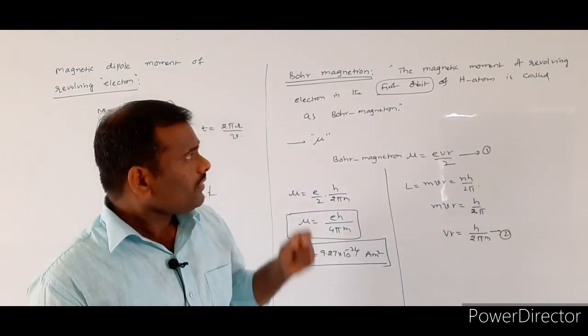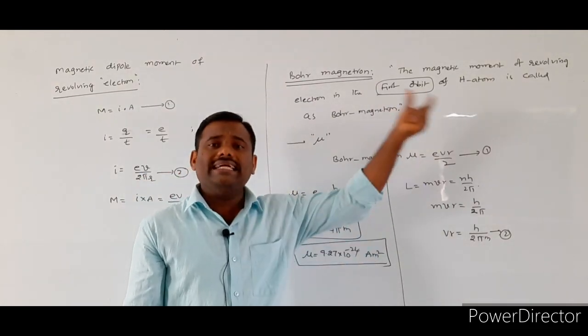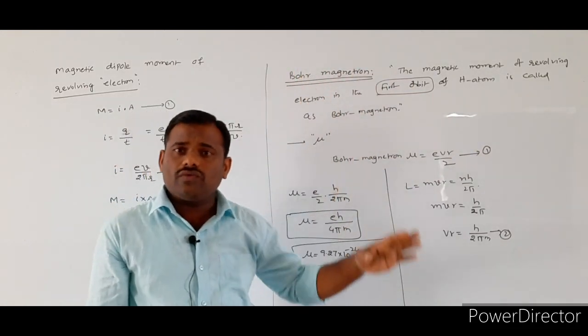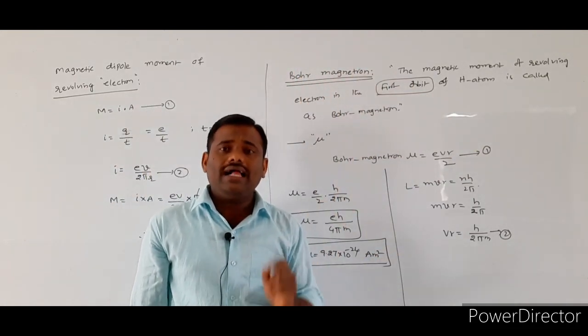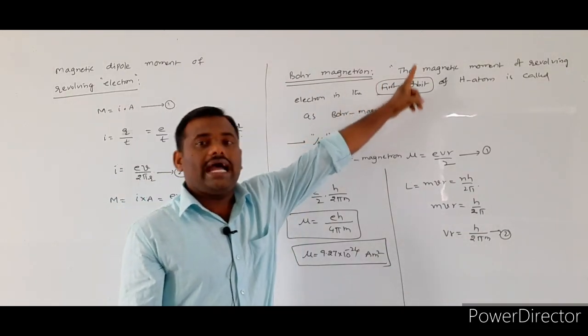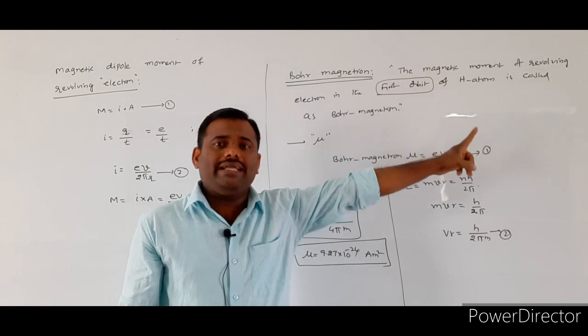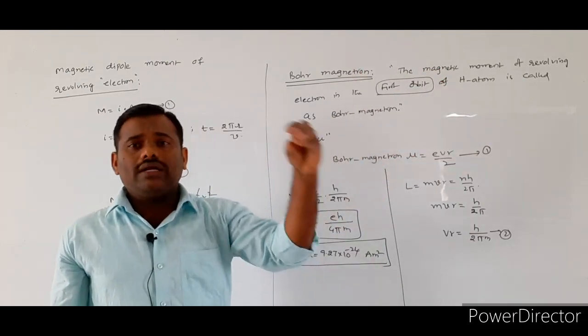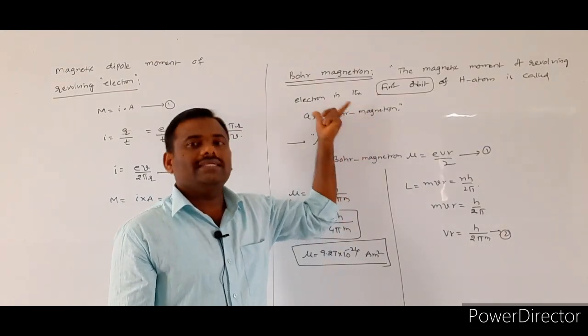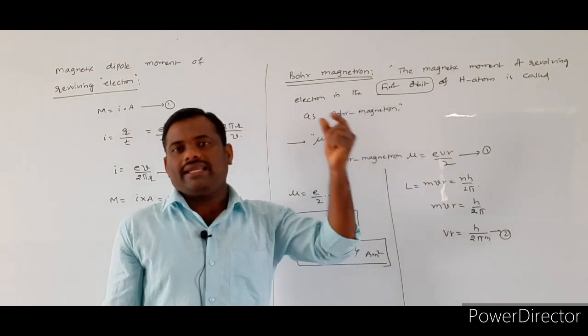When we say this magnetic moment is a Bohr magneton, it means that while the electron is revolving in the first orbit of the hydrogen atom, whatever magnetic moment it has is the Bohr magneton.